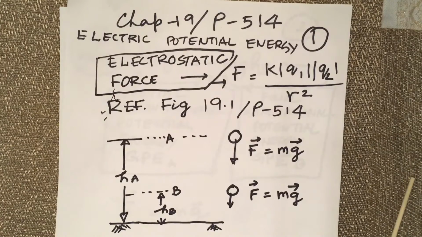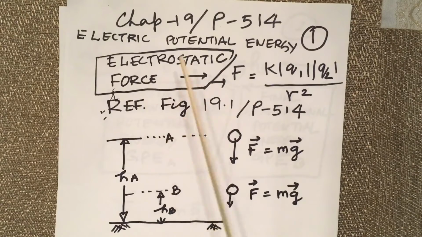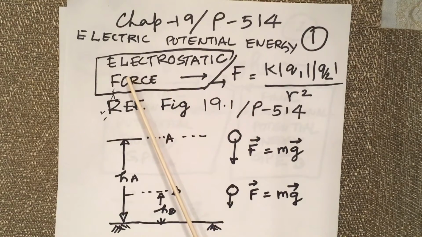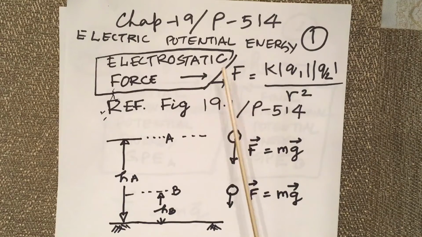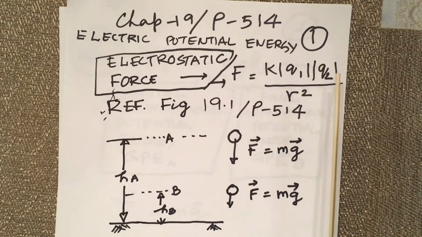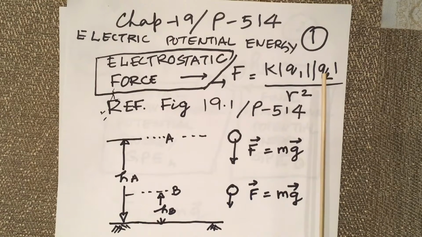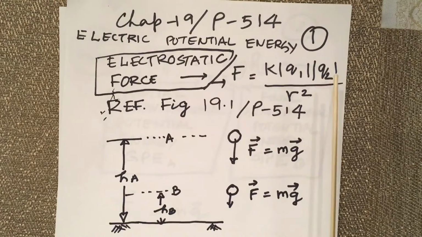Now we'll talk about chapter 19, which starts from page 514, about electric potential energy. As all of you know, you have already studied potential energy and kinetic energy. Potential energy is defined for an object placed at a distance that then travels, let's say, to the ground.